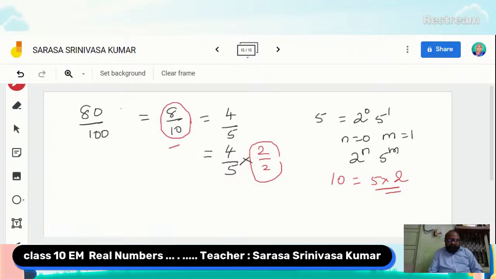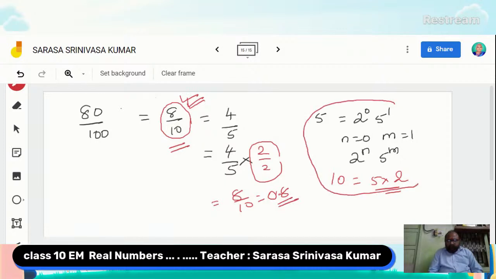So here itself I got the form. I got 10, 8 by 10. I can write directly this is equal to 8 by 10 that equal to 0.8. I can say that directly here in this step only. But we must apply theorem 1.4 to show that the denominator is of the form 2 power n 5 power m.